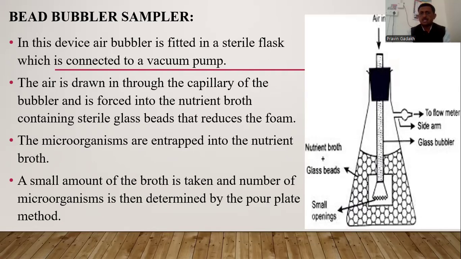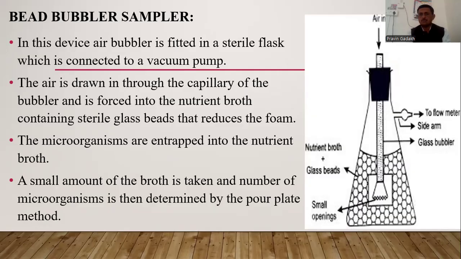The microorganisms are entrapped in the nutrient broth. After that, the excess air has to be removed, so we can apply a flow meter or the vacuum pump, so that the excess air released from that broth and beads is removed by means of the vacuum pump.